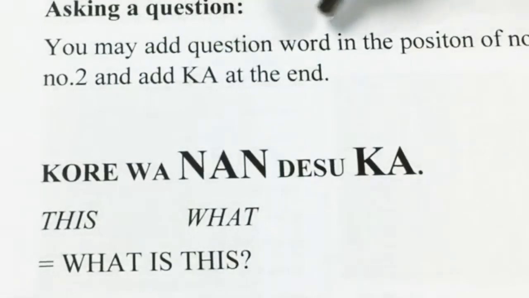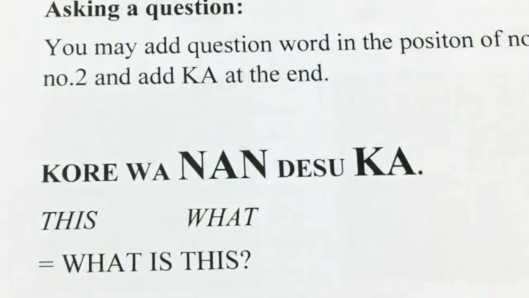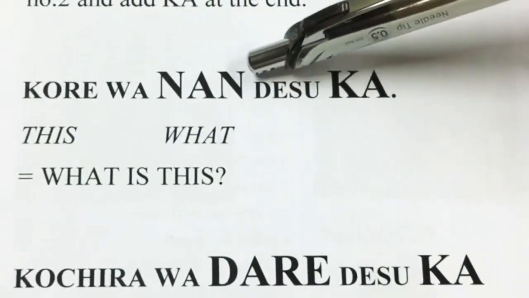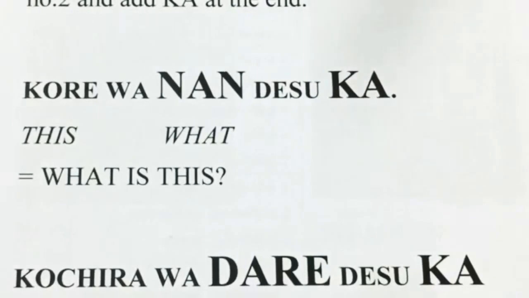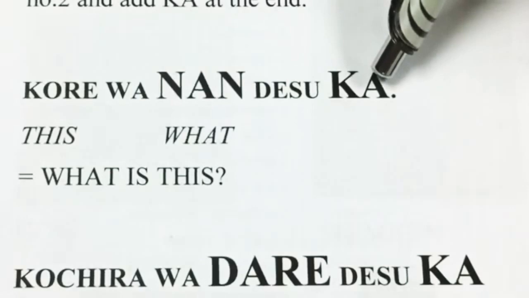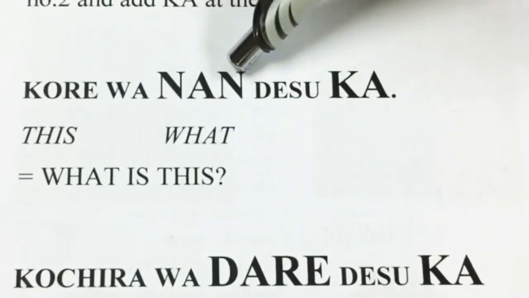You can add the question word in the position of noun number 2 and add ka at the end of a sentence. For example, the first question word today is 何. 何 means what. これは何ですか? What is this?